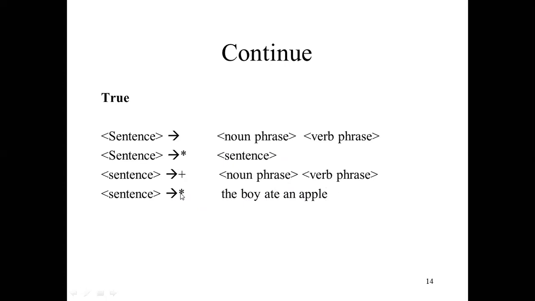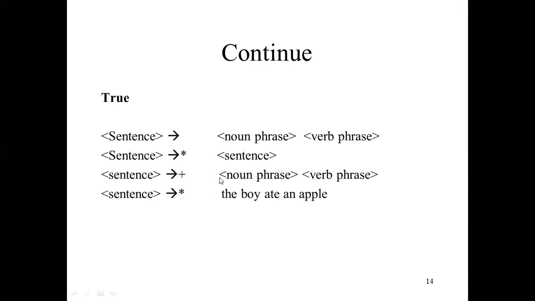Okay, everything is clear. You can ask me if there is any confusion, because these are the very basic things. Okay, so sentence again, you see with the arrow plus sign means in one or more steps.